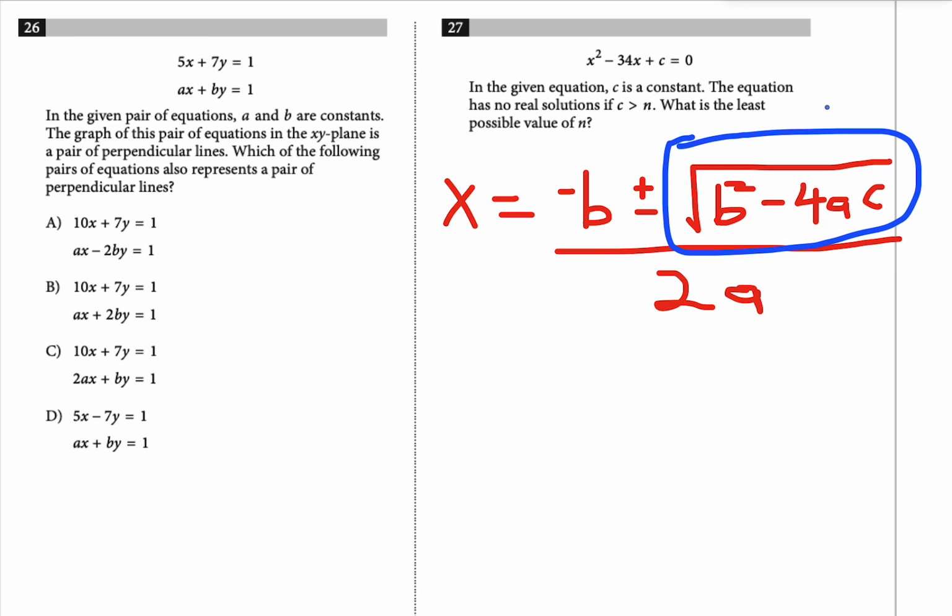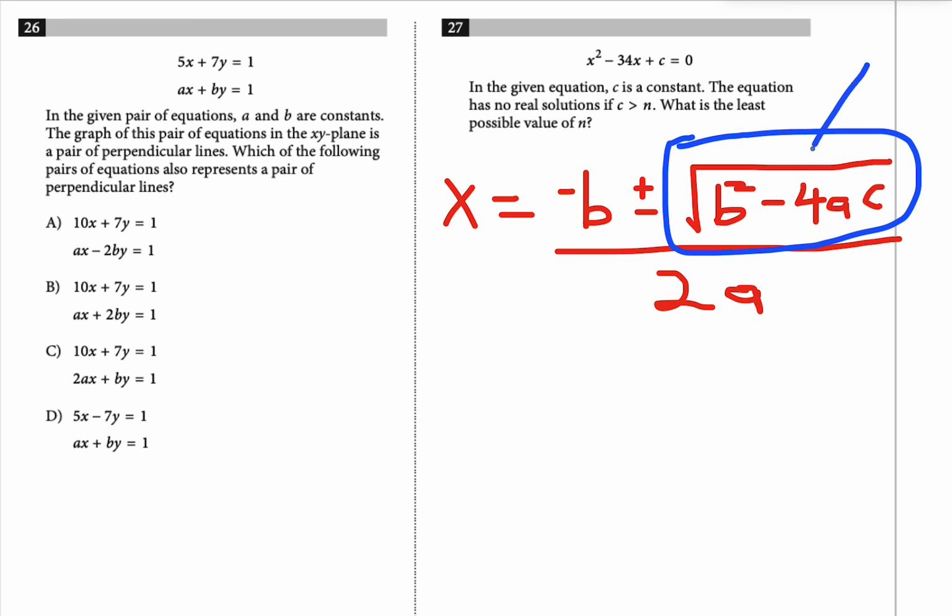The real question is: what is the last value of c at which, if we cross it, the value under the square root sign would become negative?